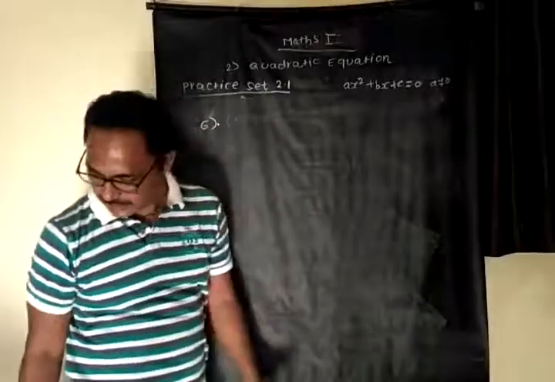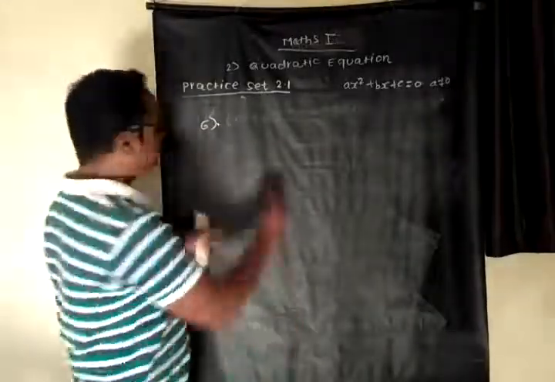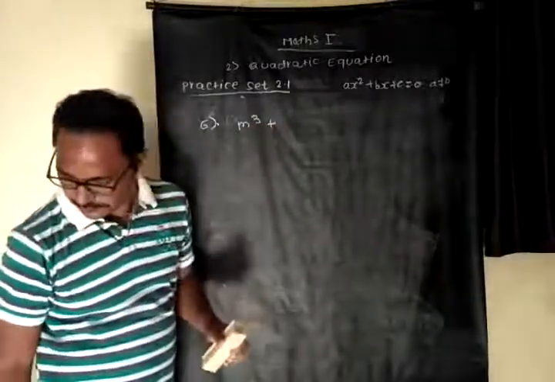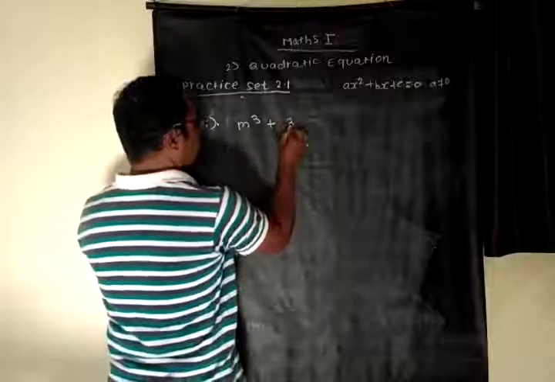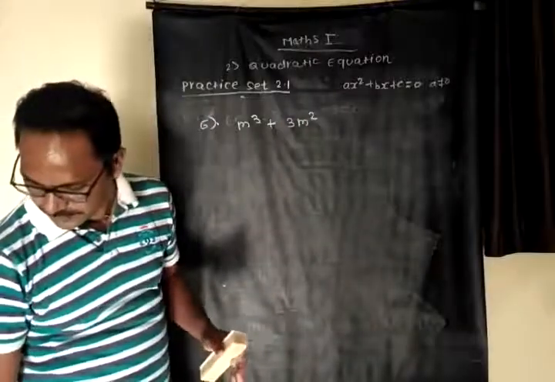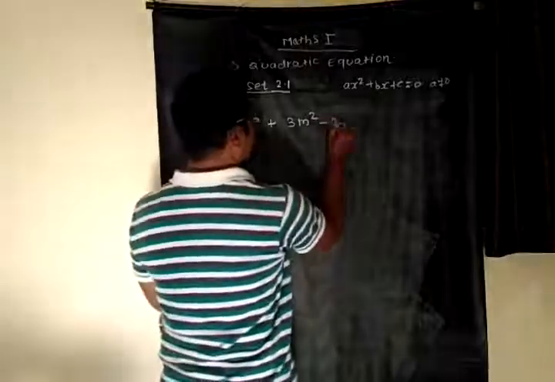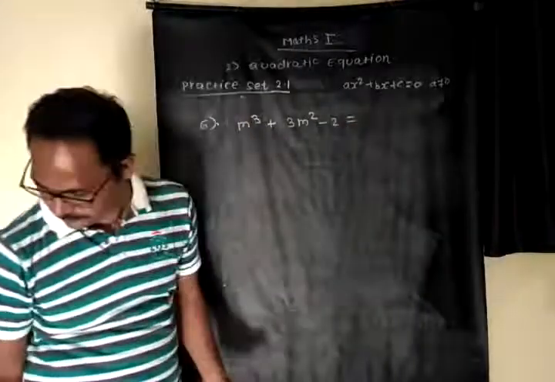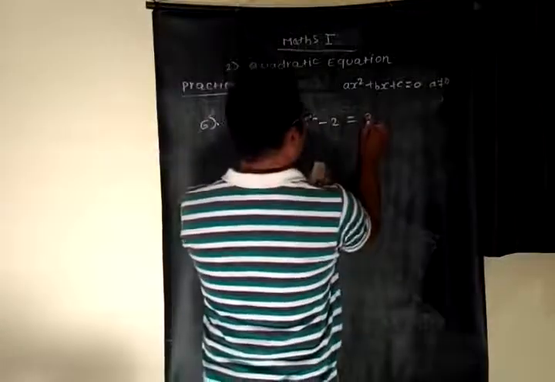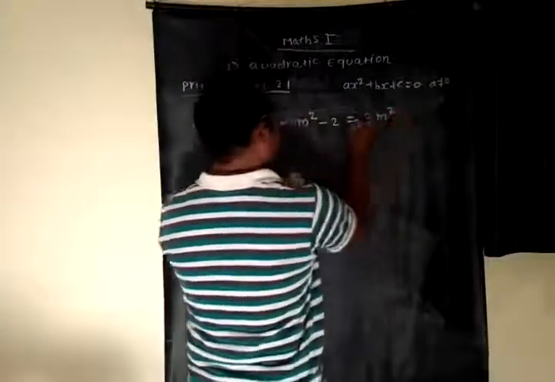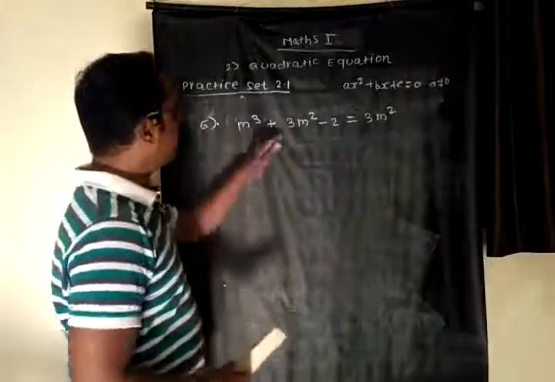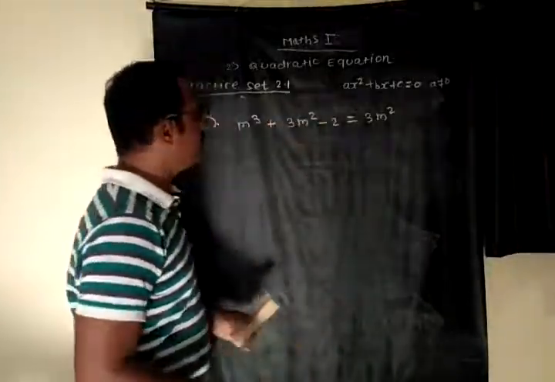Question number 6 is m cube plus 3m square minus 2 is equal to 3m square. Now first we will convert this equation into standard form.